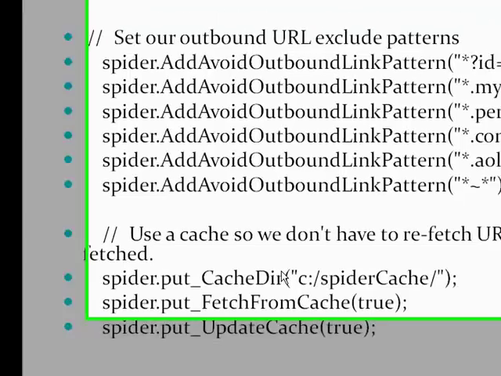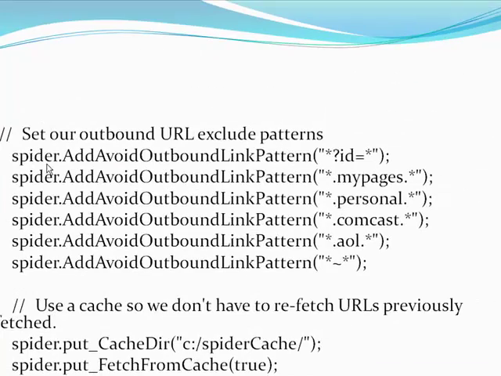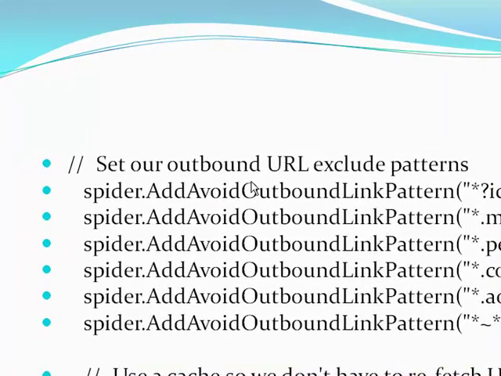Now you can simply identify these methods. Spider.AddAvoidOutboundLinkPattern with the parameter *?id=*.